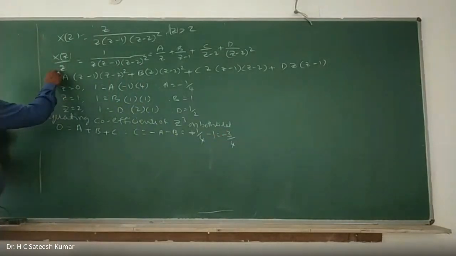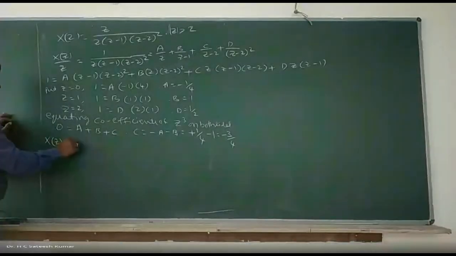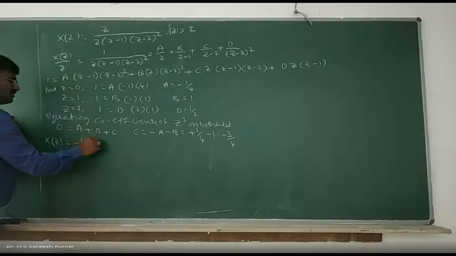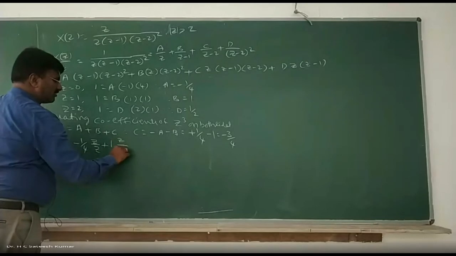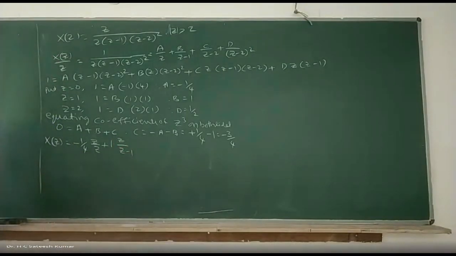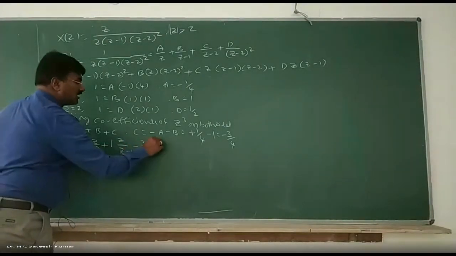Now, cross multiply this Z to X of Z. X of Z is equal to what? A, minus 1 by 4 into cross multiply the Z, Z by Z plus B, plus 1 into Z divided by Z minus 1, C, minus 3 by 4, Z divided by what?